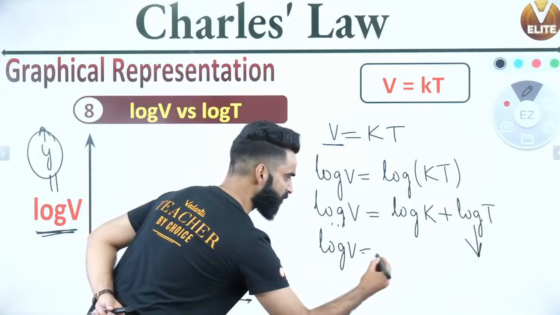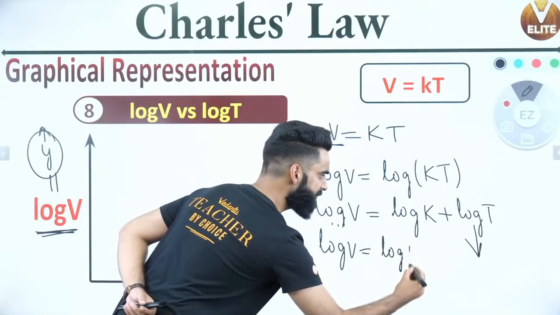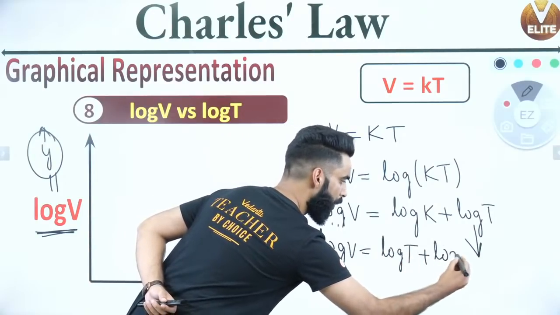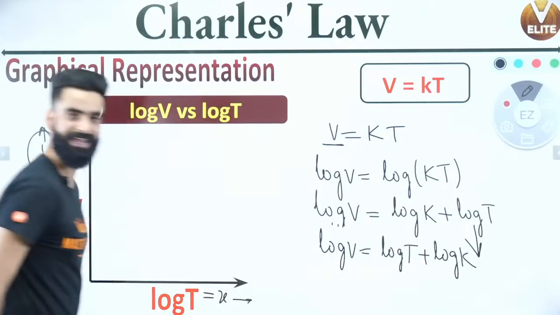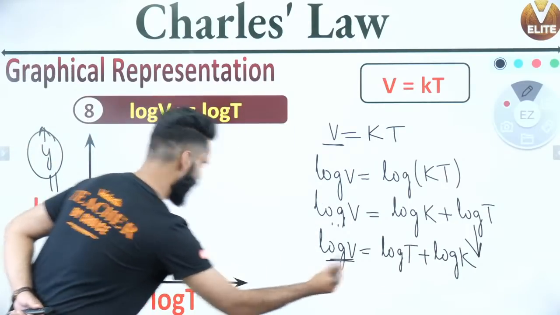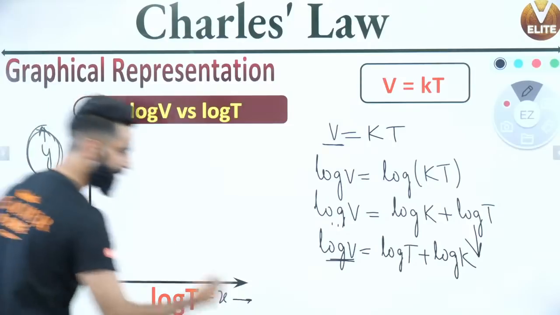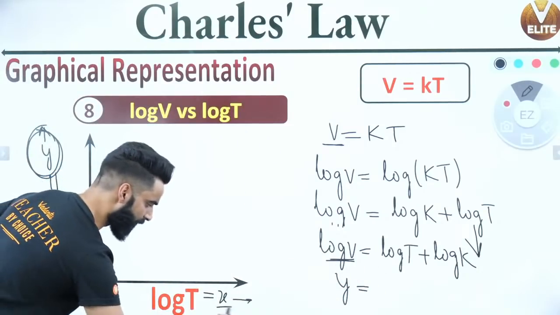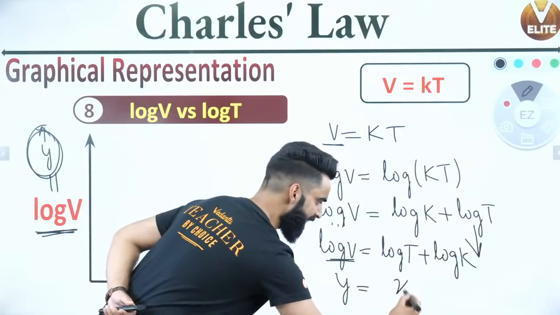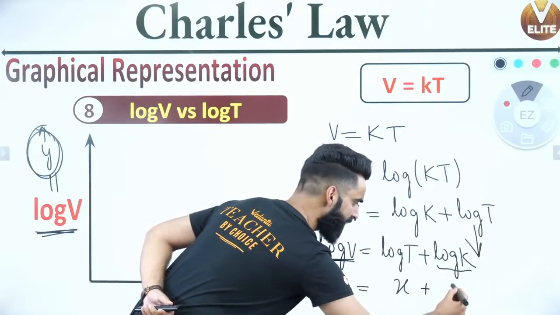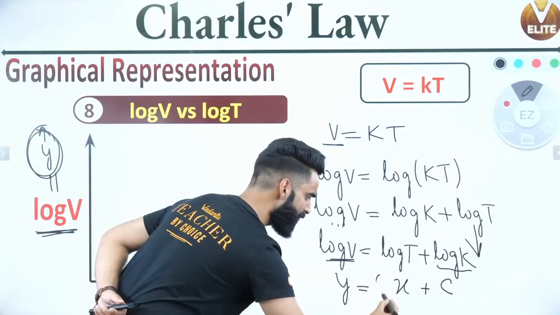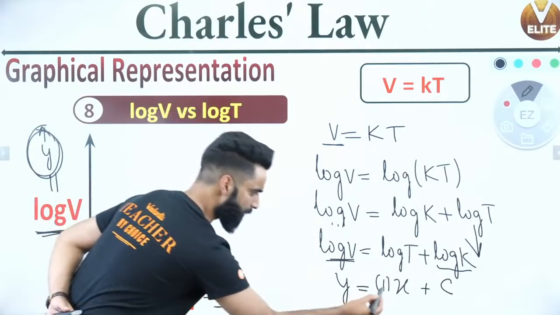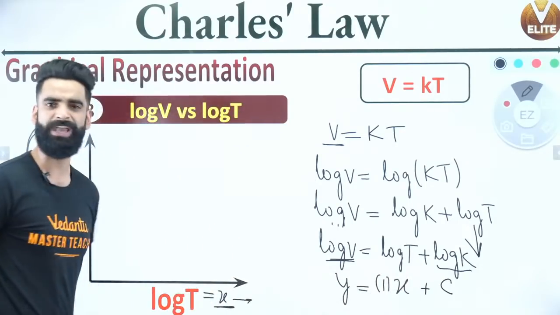Log of V is going to be equal to log of t plus log of k, right? So instead of this log of V, I can write y. This is my y is equal to log of t. Instead of log of t, I can write x. So this is my x plus this log of k is going to be my intercept, and m value is going to be 1. Y is equal to mx plus c.